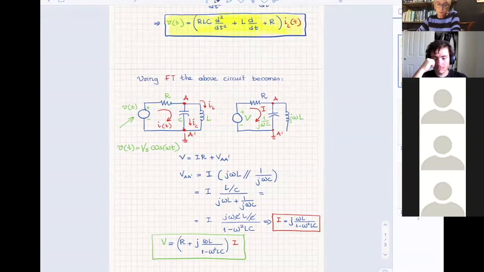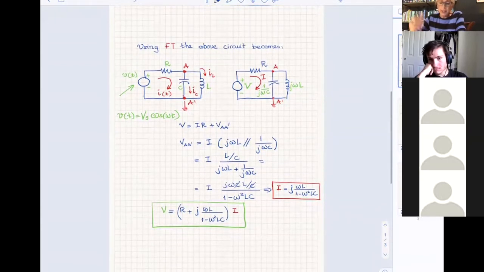That's what we assumed. And then we took this simple circuit, assuming that R is an impedance, j omega L, well, j does not have units, but j omega L is in the form of an impedance, 1 over j omega C in the form of an impedance.